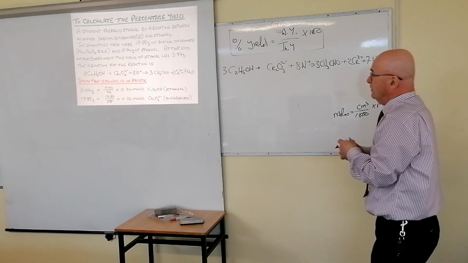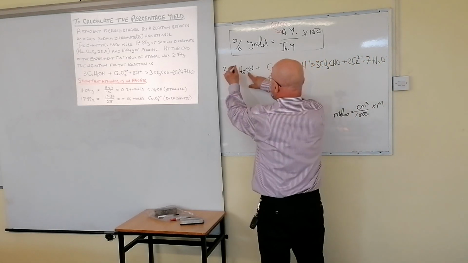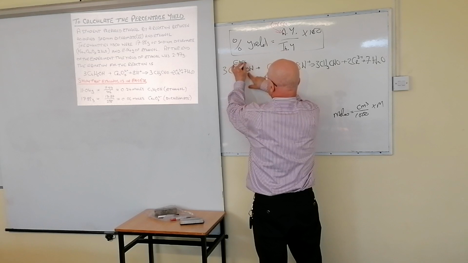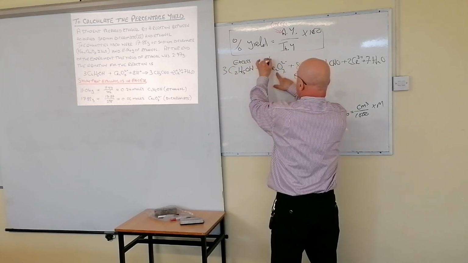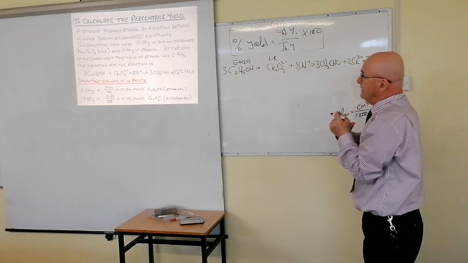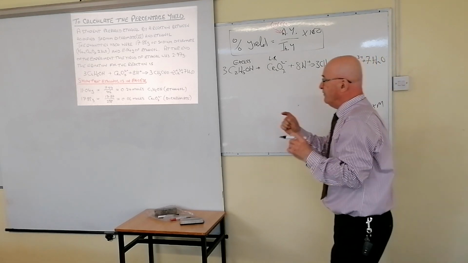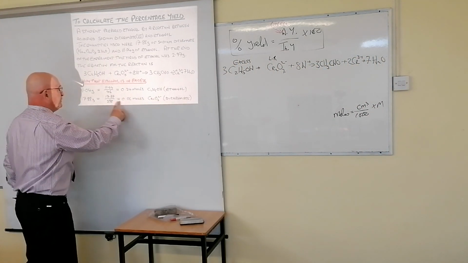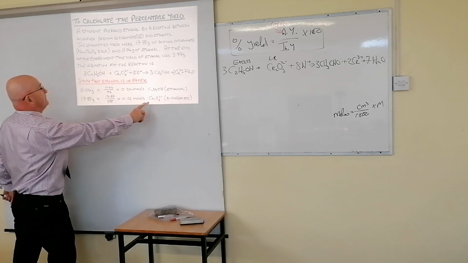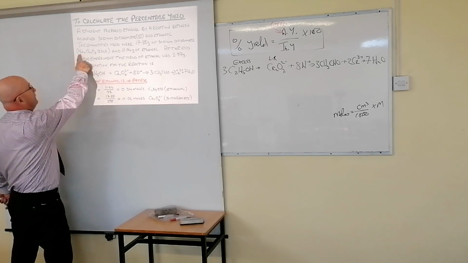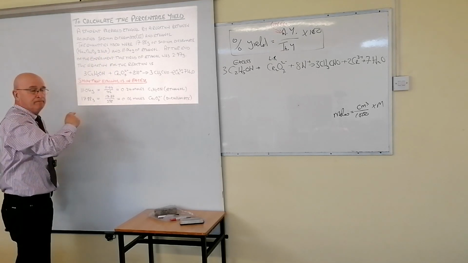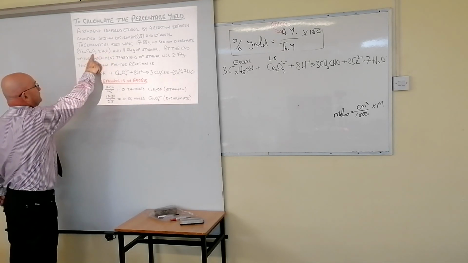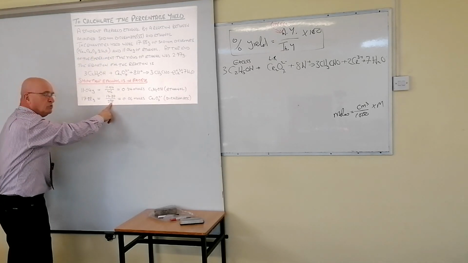Good. Now, they asked to show that ethanol is an excess. So this one must be the limiting reagent. Very good, the limiting reagent. Now, will you be very careful here, please? Dichromate. If you were to divide by the MR for that ion, you'd make a serious mistake. The dichromate, they gave you the full formula here. You must include the 2 waters and the full molecular formula, 298.